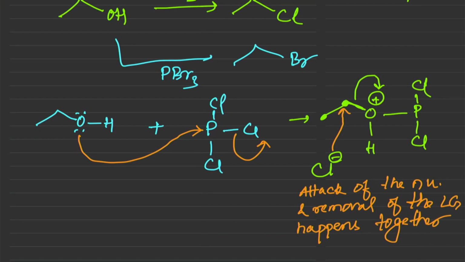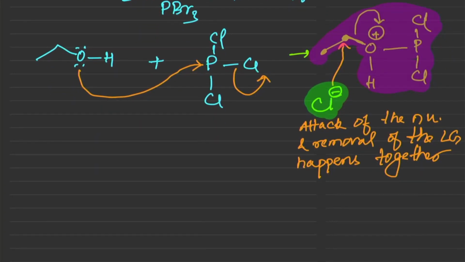Happens together. So obviously we've got one unit here, and the other unit is at the bottom. So the chlorine is attacking here. So what would be the next step? Well, the next step is kind of easy.